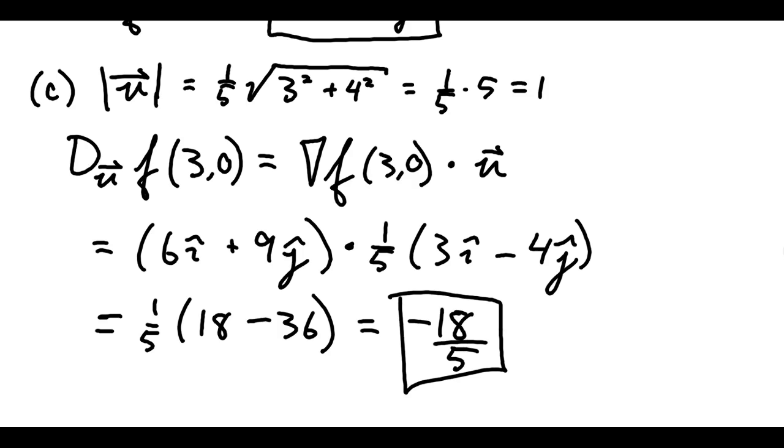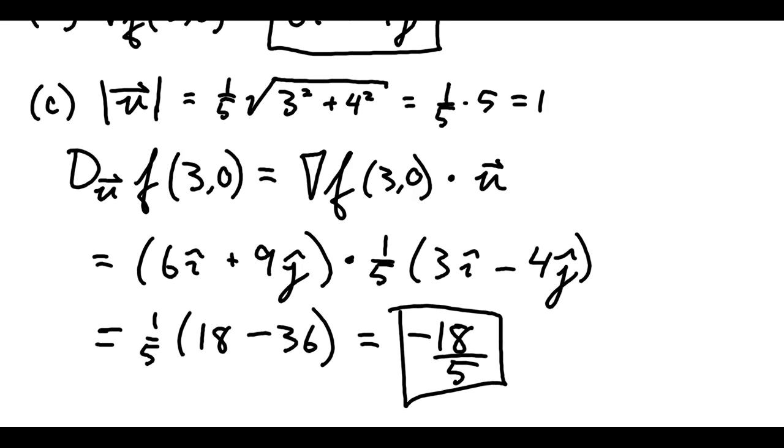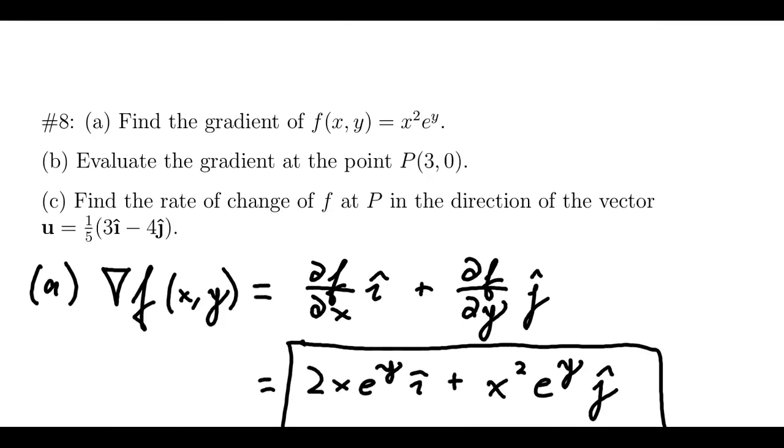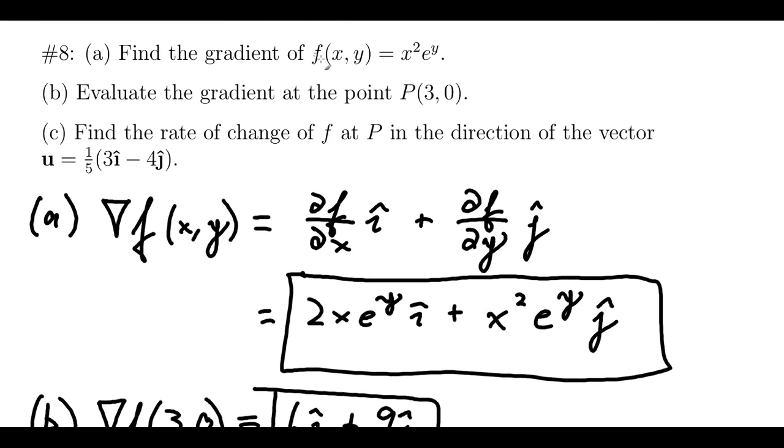This problem was broken down into 3 individual steps, but that was really just sort of walking us through what they could have simply asked in the last part, right? They could have said, okay, given the function f of x and y equals x squared e to the y, find the rate of change of that function at 3, 0 in the direction of this vector.